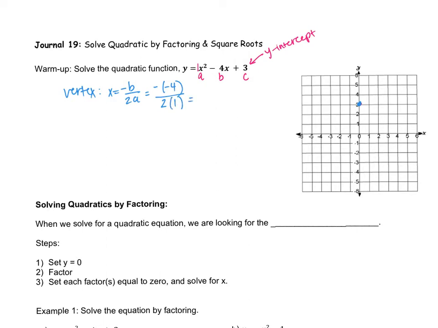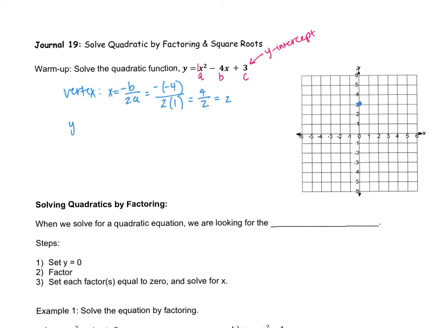And then we're just going to simplify. So 2 negatives make a +4 for the top, and the bottom is going to be a 2 when I multiply 2 times 1. 4 divided by 2 is 2. So that means my x value for my vertex is 2. So keep that in mind. If I know x is 2, I can plug the 2 in for x, solve out for y.